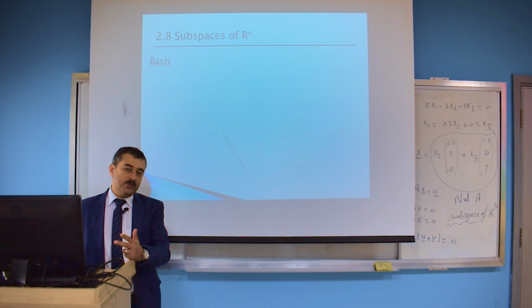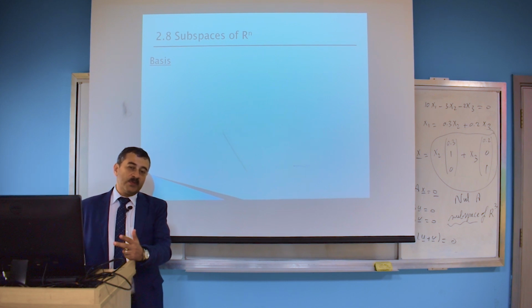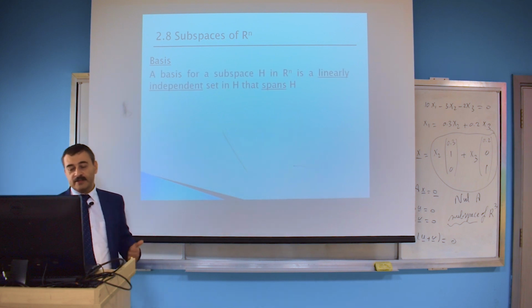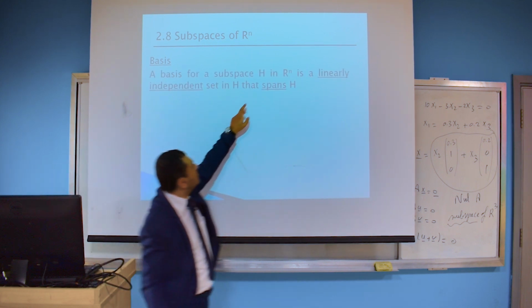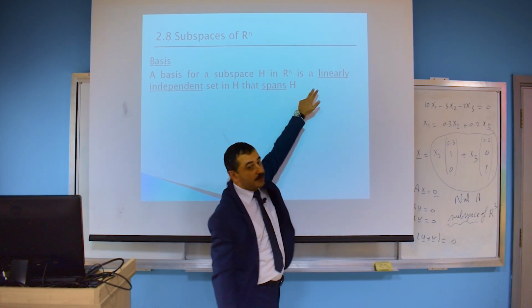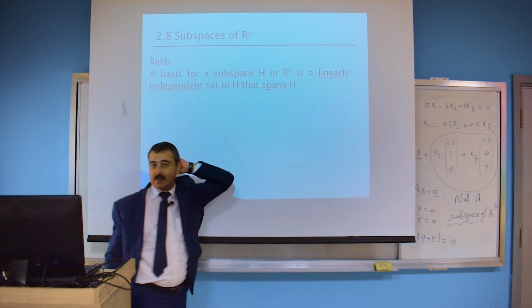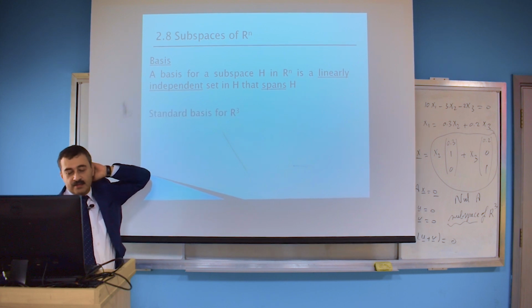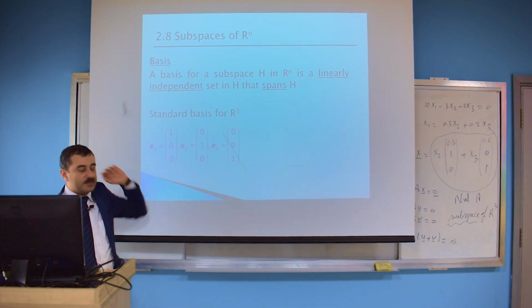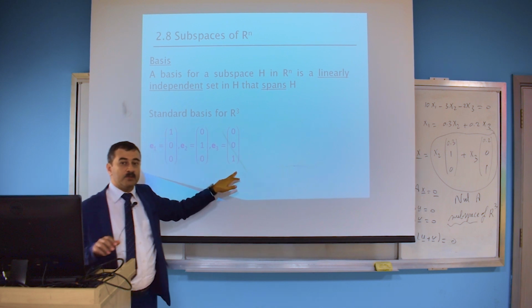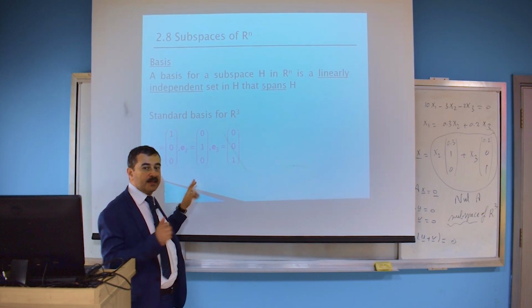It has to be linearly independent vectors and can span your space. So if you have vectors that span your subspace H and they are linearly independent, I call it a basis for this subspace. So as you said, the standard basis for R3 is i, j, k, because they are linearly independent and they span the whole R3.